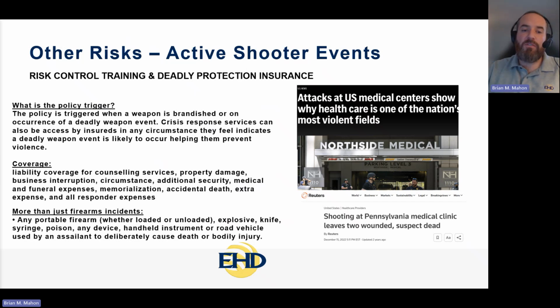Obviously, a business interruption component is there. Maybe medical or funeral expenses, things like that. What's slightly interesting about the insurance is it doesn't just have to be a firearm. It could be really any handheld instrument with the intention of causing bodily injury or death.